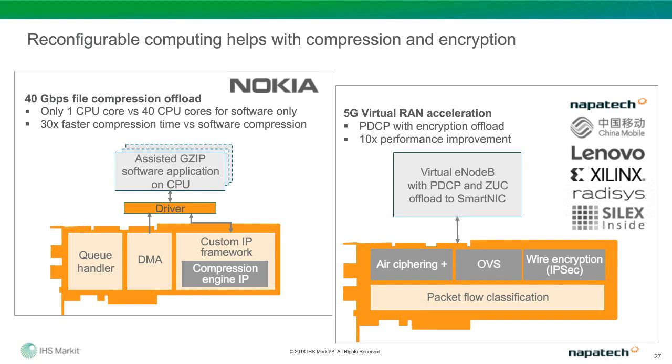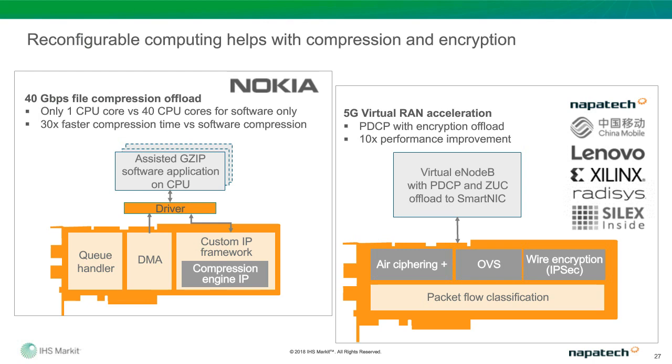Now, if we come into the NFV space and some of the more future-looking things that we're doing, we talked earlier about the need for compression and particularly encryption for security offload and these type of applications. And we've got a couple of examples of that. First with Nokia, where one of the things we needed to do was to help Nokia to gzip compress files at 40 gigabits per second.